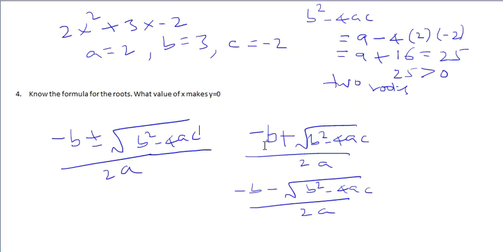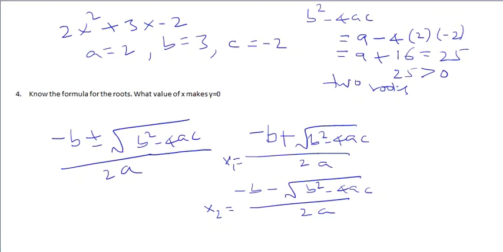In other words, the first root is x1 = (−b + √(b² − 4ac)) / 2a, and the second root is x2 = (−b − √(b² − 4ac)) / 2a.